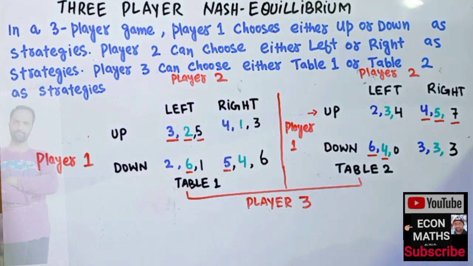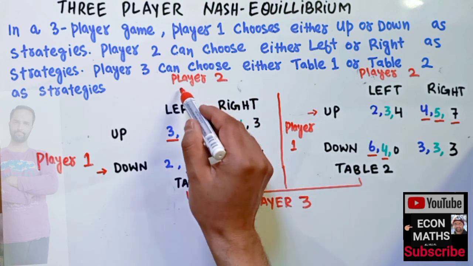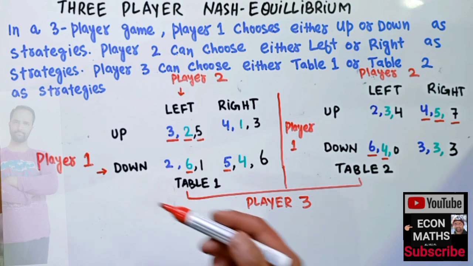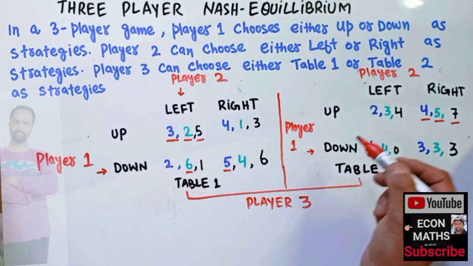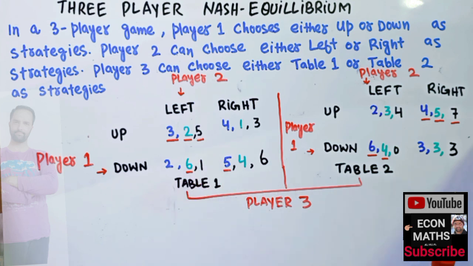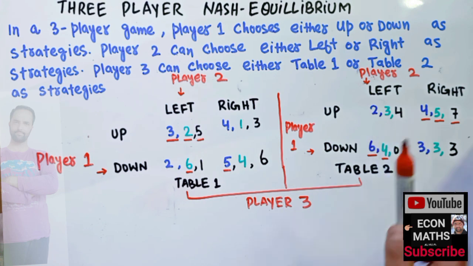Again let us say player 1 chooses to go down and player 2 chooses to go left. What are the options? Let me write it here. Player 1 chooses to go down and player 2 chooses to go left. So what are the options for player 3? Either to go for table 1 or table 2.